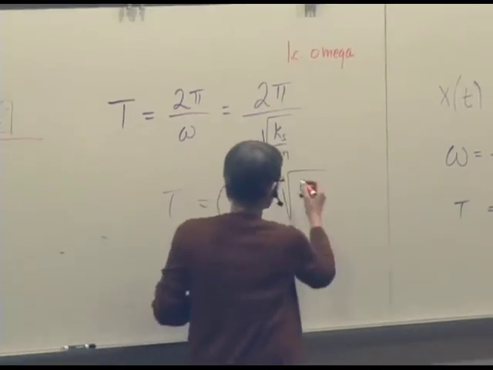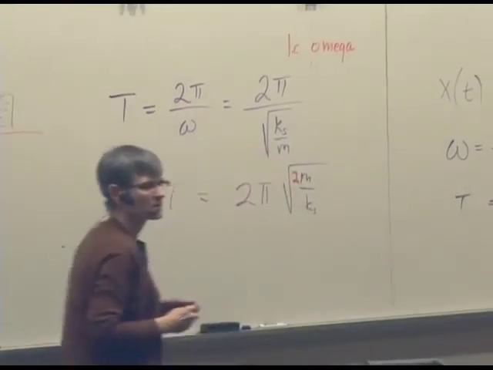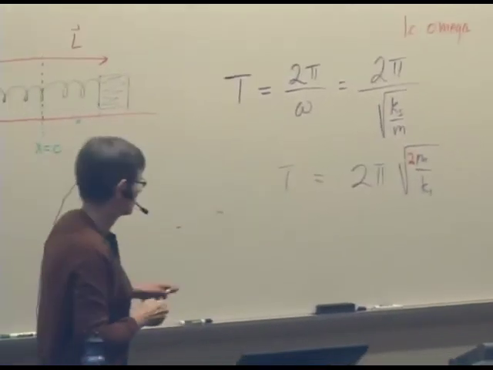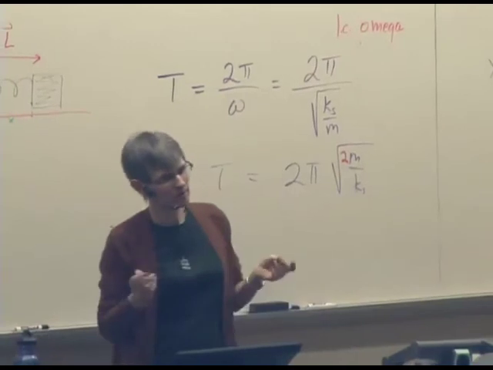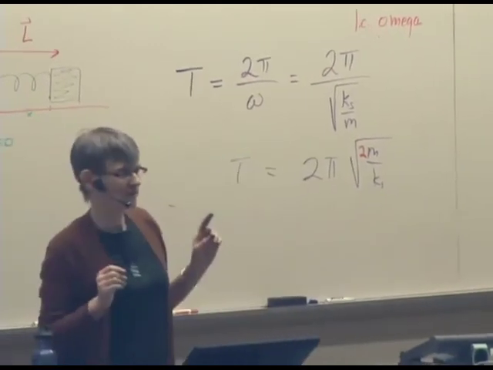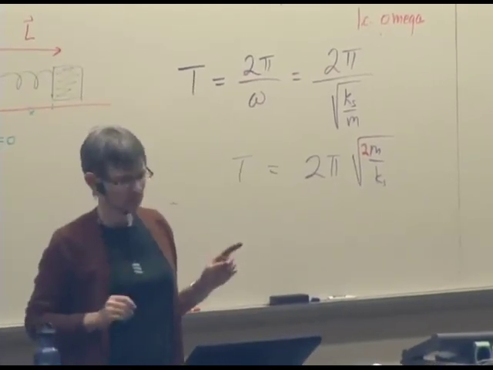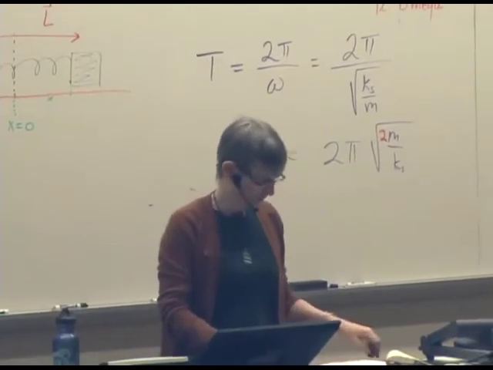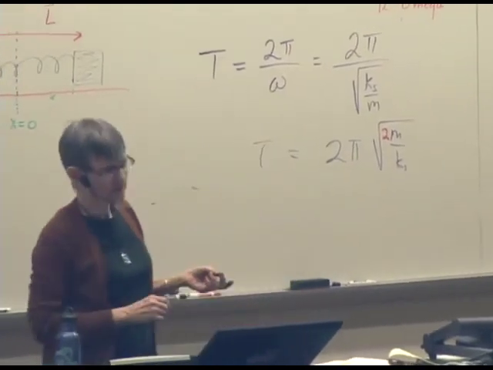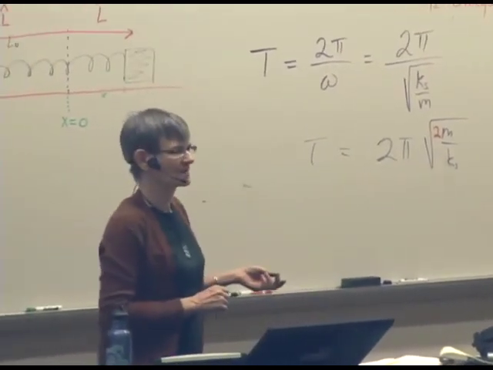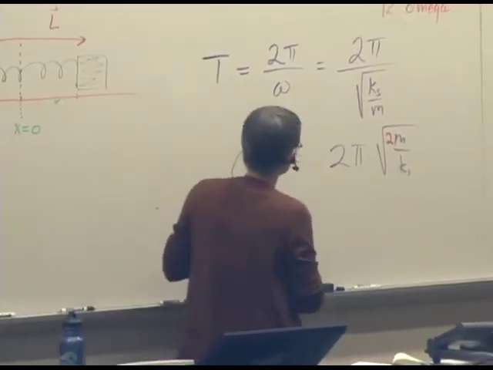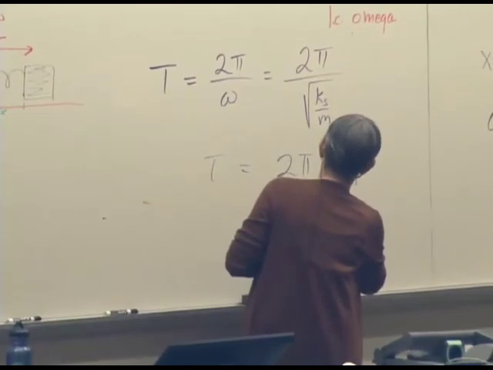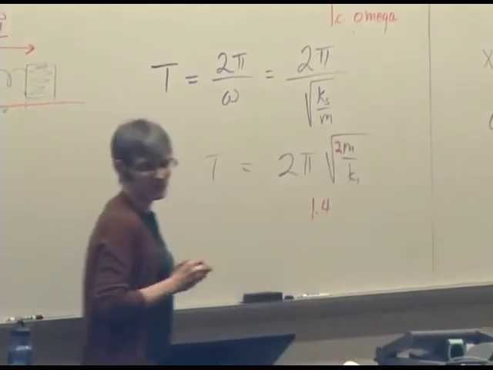So if we double the mass, then it looks like the period should get longer by a factor of square root of 2. Yep. What's square root of 2? 1.4. So it looks like it should indeed be 1.4 times 1 second.